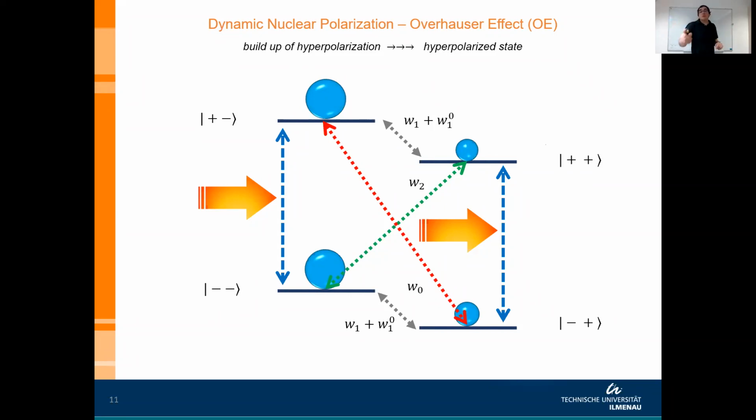The W10 is just the nuclear interaction basically that produces differences in the evolution of the populations of the nuclear levels, and that at the end will cause relaxation.